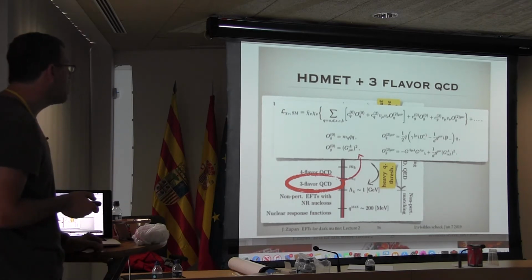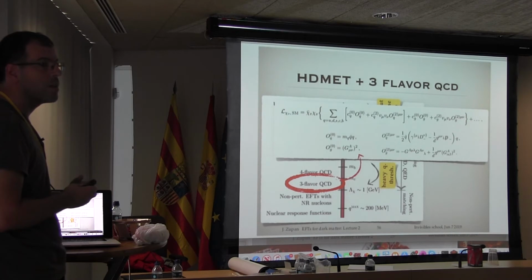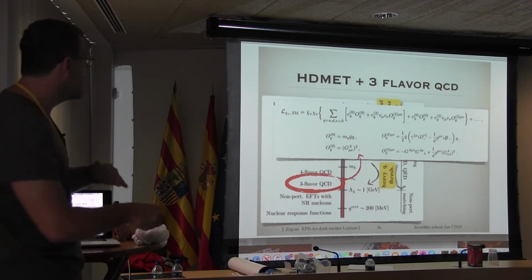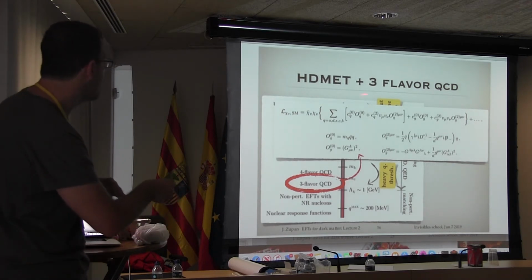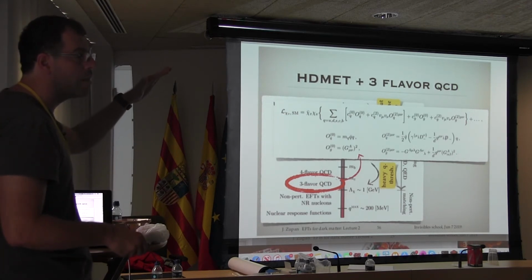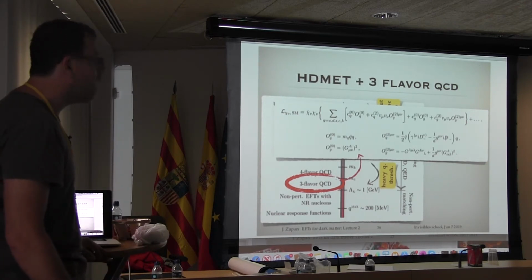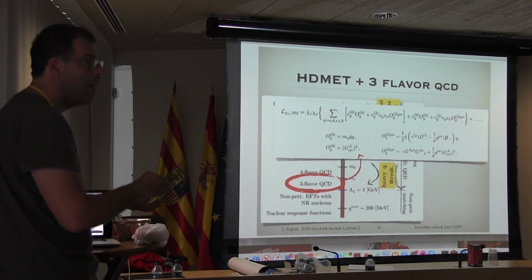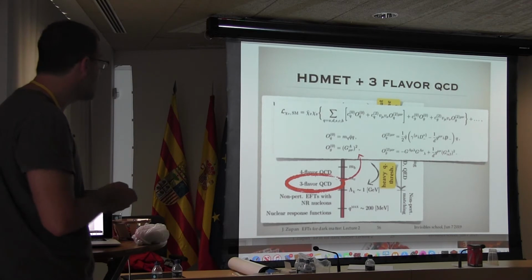Okay, maybe I showed too many details, but I thought it was important to at least have this in mind. You drop all the 1 over m operators, this is in the dot dot dot. So these are the pieces which survive in the m to infinity limit. And the reason why it happens that the dark matter mass disappears, I gave you one example. The other example is just technical.